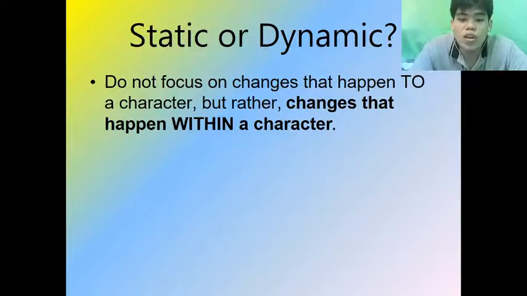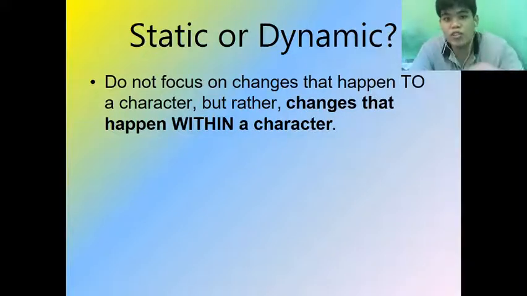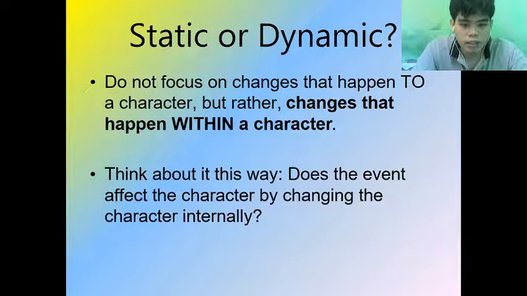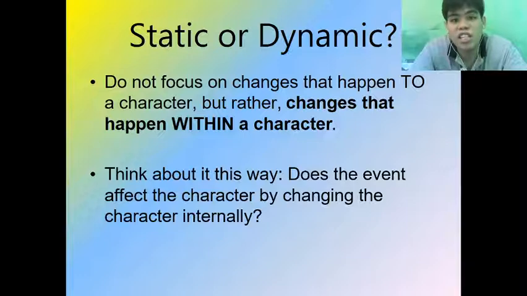So do not focus on the changes that happen to a character. Okay? Not outside changes, but inside changes. Think about it this way: does the event affect the character by changing the character internally?